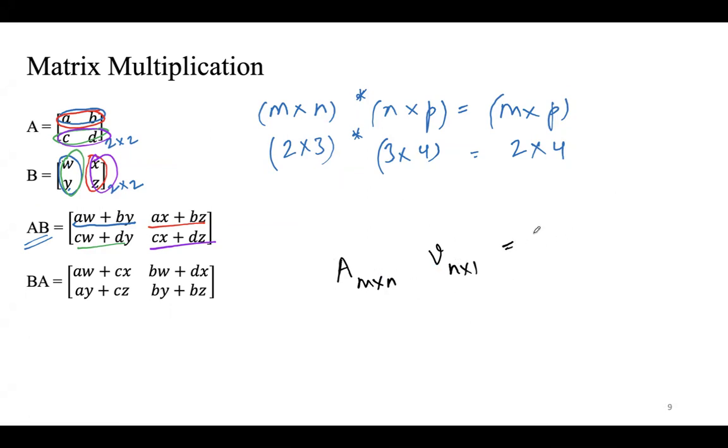Then you can calculate it, and the output is a new vector with this dimension, let's say W. On the other hand, if you begin with a vector S with dimensions 1 into m, and multiply it with a matrix which is m into n, you'll get a different vector, let's say p, and that is going to have these dimensions.